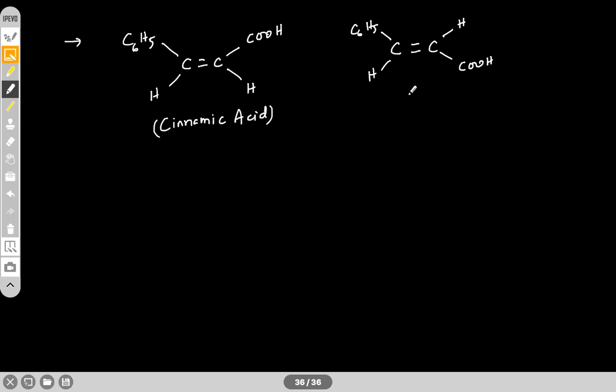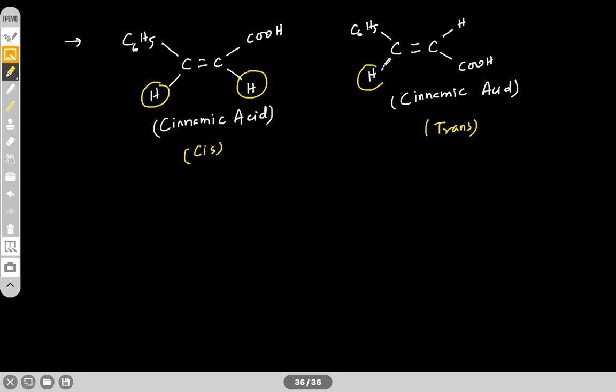This is also cinnamic acid. This is the cis form. Why cis? Because two hydrogens are on the same side, identical. And this one is trans form because two hydrogens are on the opposite side. So with respect to hydrogen we can say, but the other two groups are different in this compound.